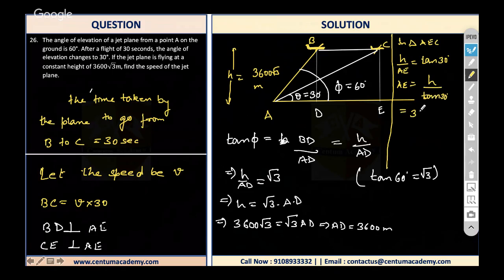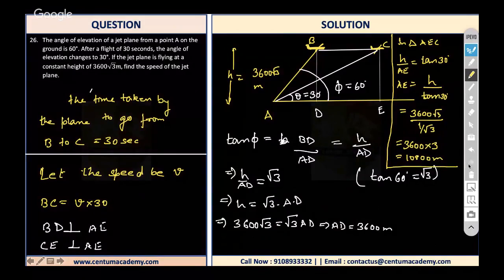Which is nothing but 3600 root 3 by 1 upon root 3, which is nothing but 3600 into 3, which is 10800 meters. So 10800 meters.